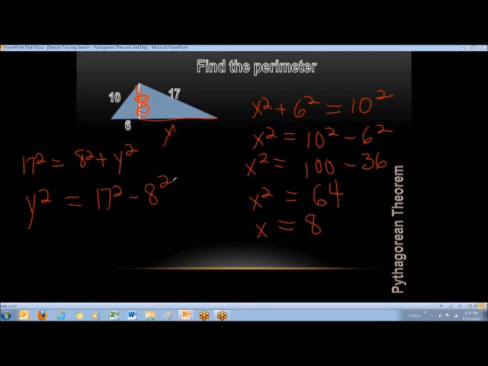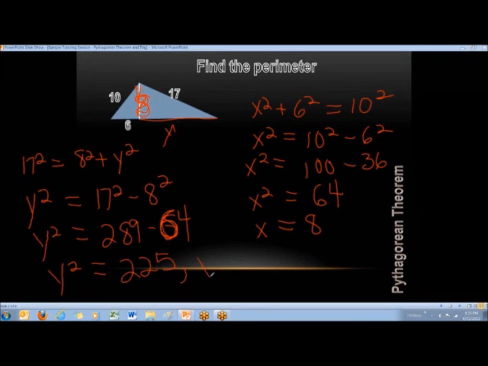17 squared is 289, and 8 squared is 64. So 289 minus 64 equals 225, and the square root of 225 is 15.